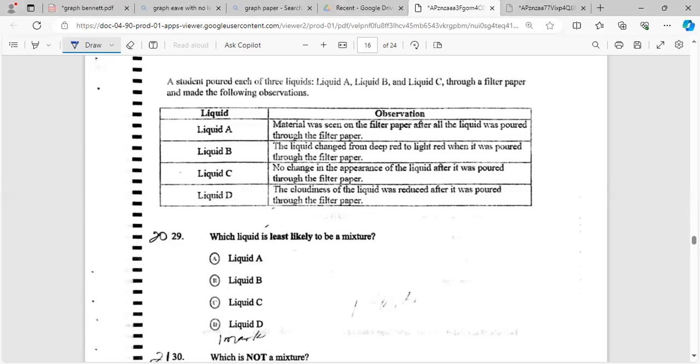Liquid B: the liquid changed from a deep red to a light red when it was poured through. Liquid C: no change in the appearance of the liquid after it was poured through the filter paper. Liquid D: the cloudiness of the liquid was reduced after it was poured through filter paper. Which is least likely to be a mixture?